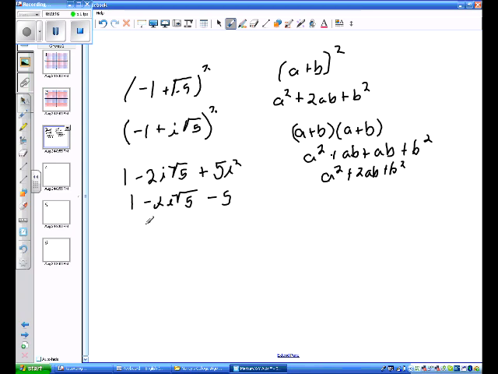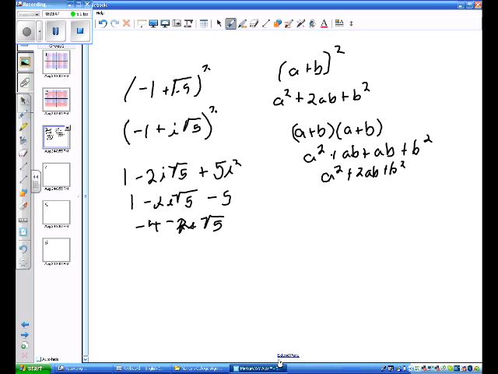Then combining our real numbers, we would end up with negative 4 minus 2i square root of 5. Okay, so that's not written real clearly, but negative 4 minus 2i square root of 5.